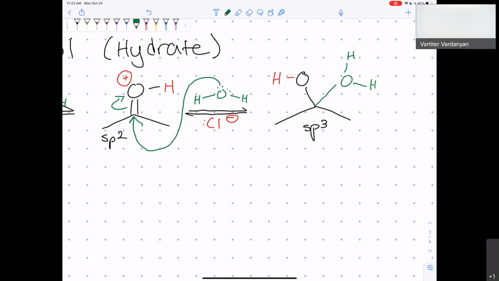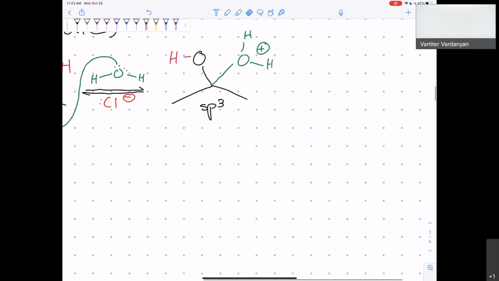So are we happy now? No, why not? Doesn't look good. Okay, I purposely left something out. The plus charge, cool. Oxygen has too many bonds here, so it has a plus charge. How could we possibly get rid of that plus charge? Get rid of the H, cool.